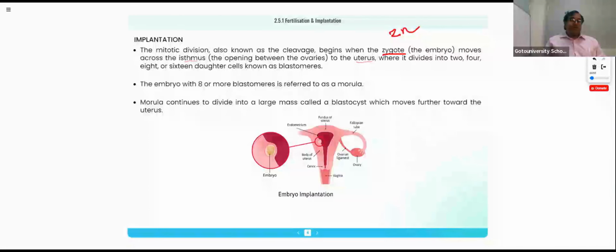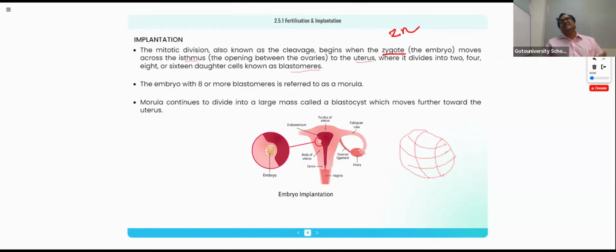Now, talking about the zygote after getting implanted in the uterus, it undergoes so many divisions, which is called cleavage. Like this, each and every cell formed from the divided zygote is called a blastomere. These blastomeres get organized into 3 or 4 or 5 layers.